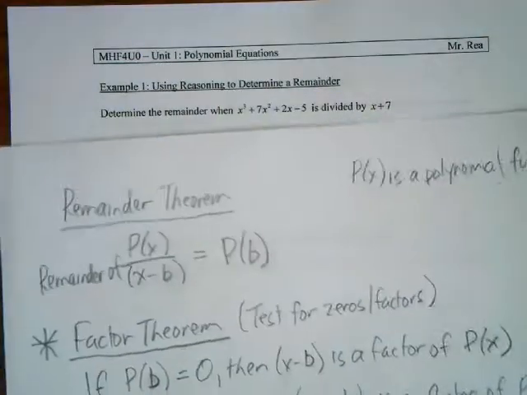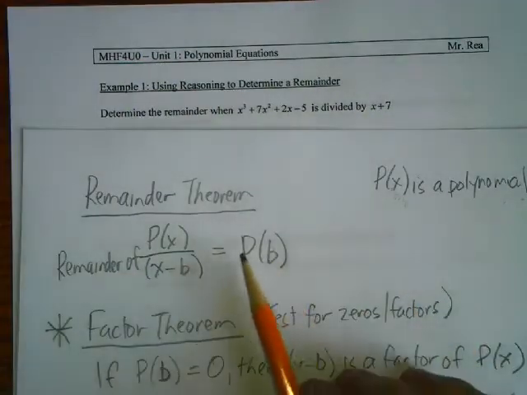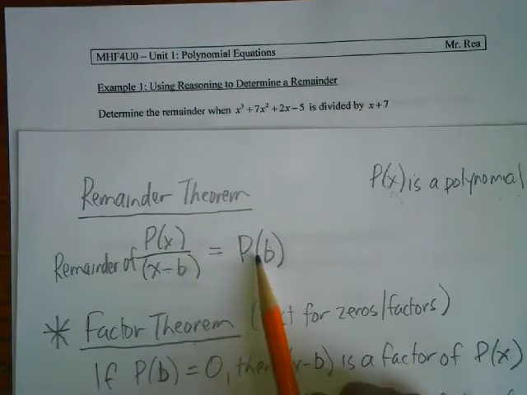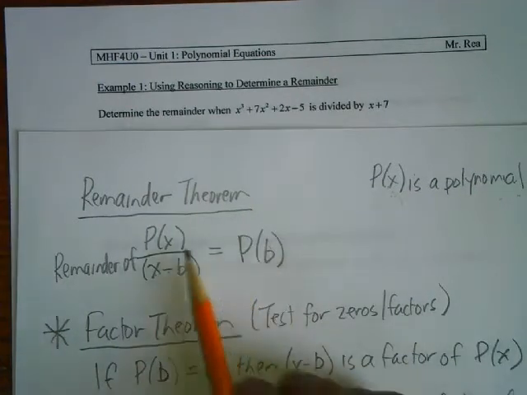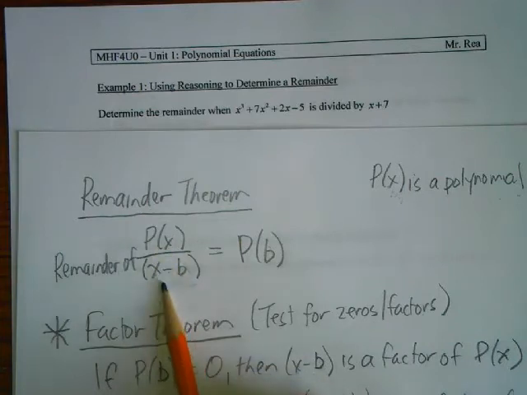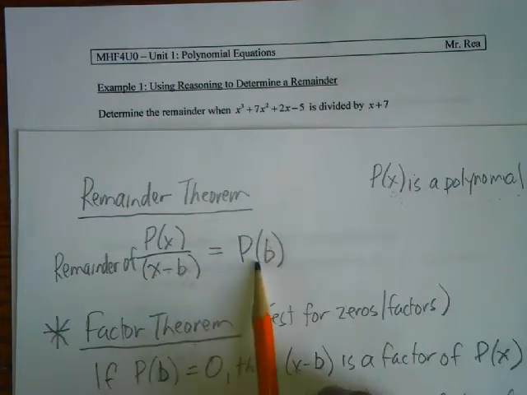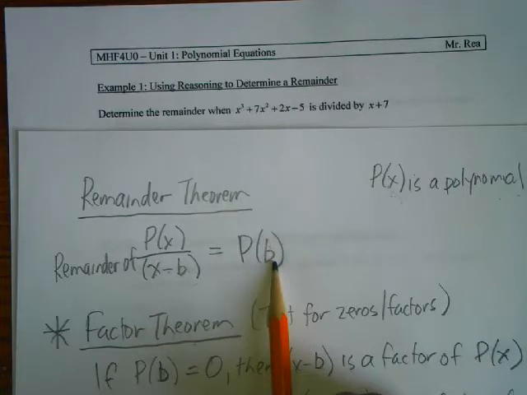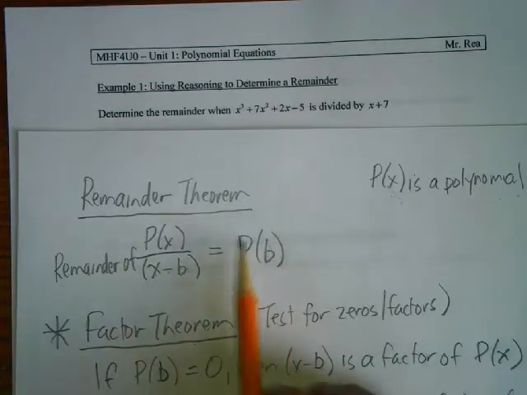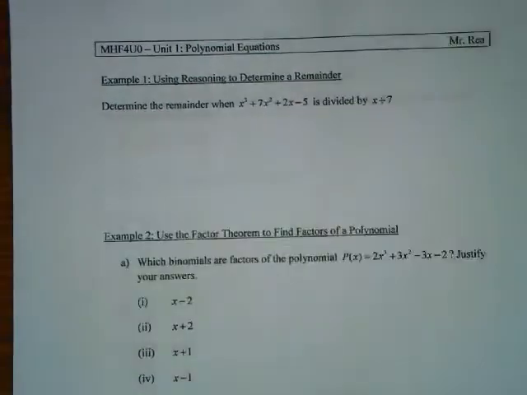If we go back to what that said, if we're trying to find the remainder of a polynomial divided by x minus b, all we have to do is figure out what the b is and plug it into the original equation, calculate that, simplify it, and that is the remainder of this division. Okay, so we're going to do that.